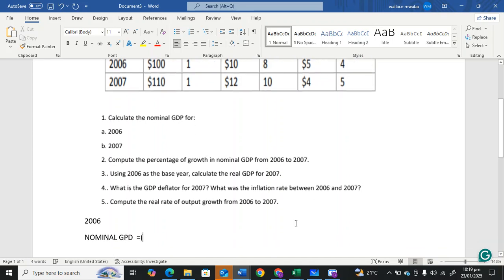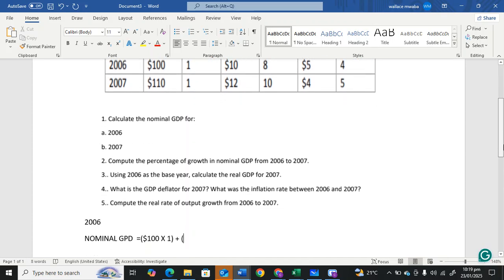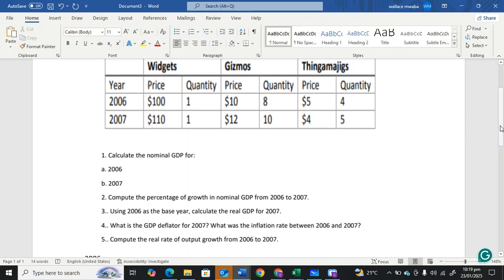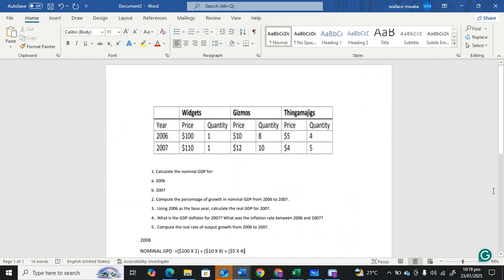So $100 multiplied by one, plus... Did anyone try this by themselves, or did you all wait for me? So, just multiplying price and quantity.